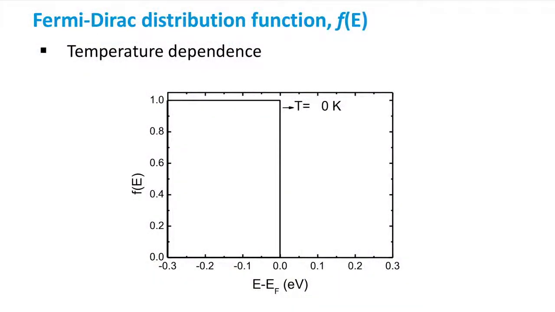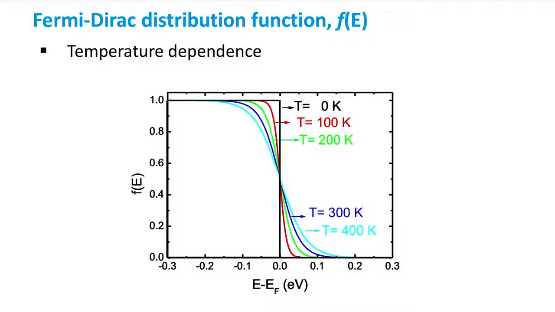At 0 Kelvin, the Fermi-Dirac distribution function is a step function. It means only the energy levels below the Fermi level are occupied. Energy states of the conduction band that are above the Fermi level are empty, so no electrons occupy these states. However, if the temperature goes up, the probability of occupation of higher energy levels increases.